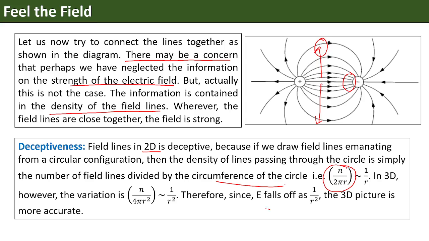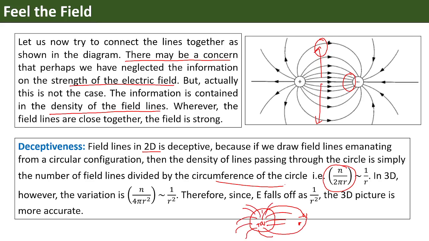For example, let's consider a geometry like this. Although it's not a very good circle, consider this to be a good circle, and there is a positive charge, and somewhere a negative charge. The lines will come out and will go into the negative charge. So it will come out like this.